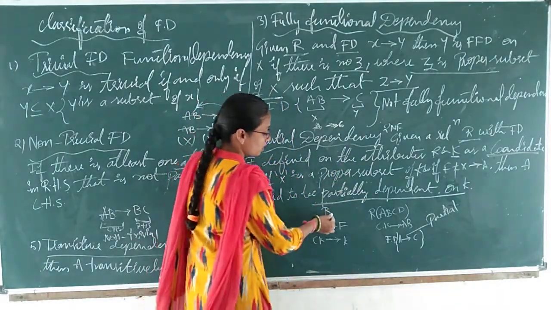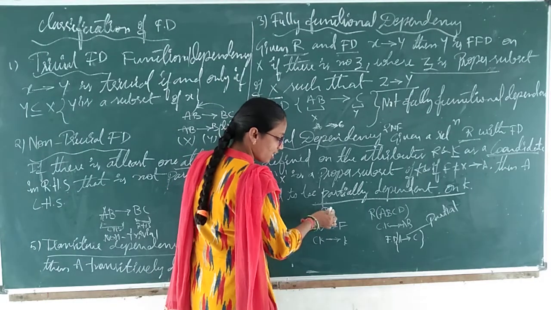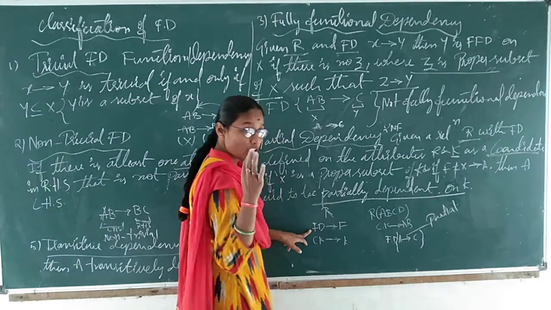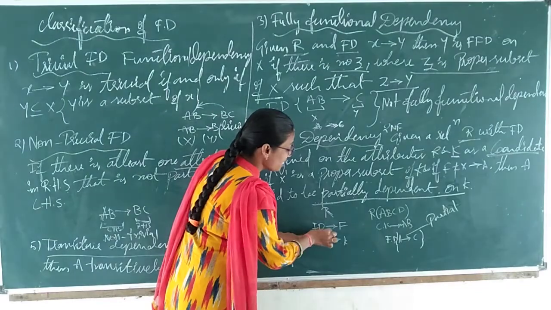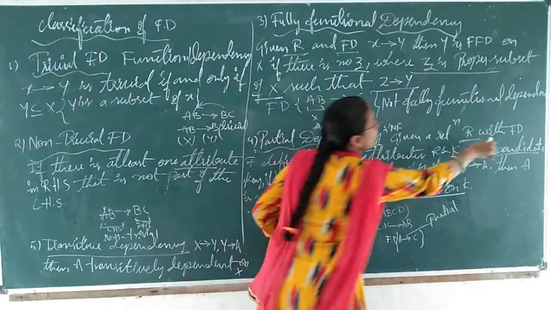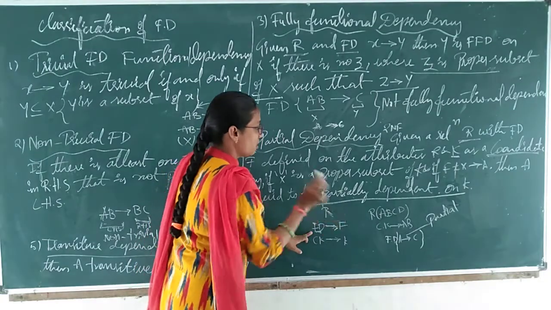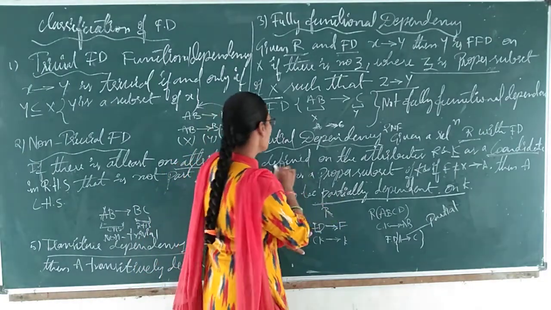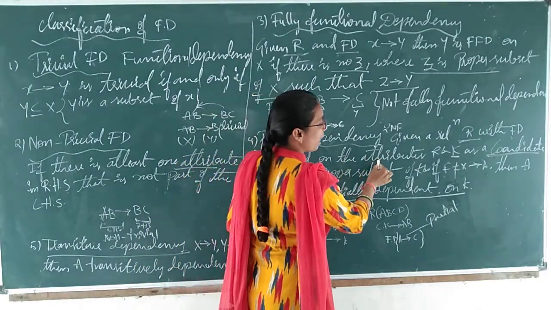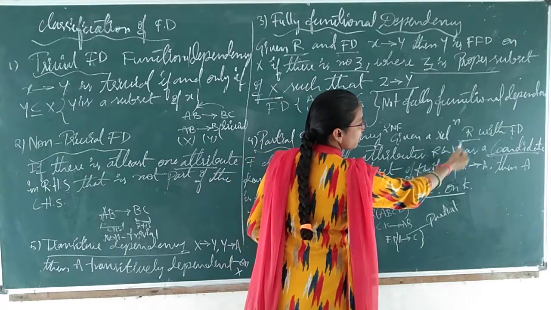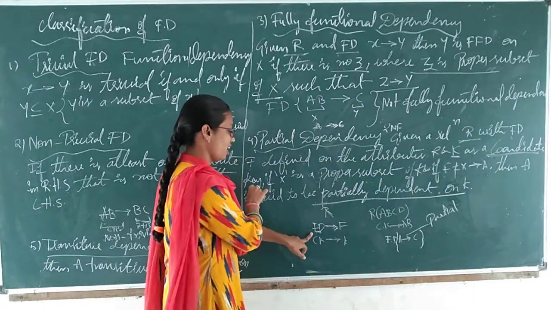Here you observe, R is a relation with functional dependency F defined on the attributes, and K as a candidate key.